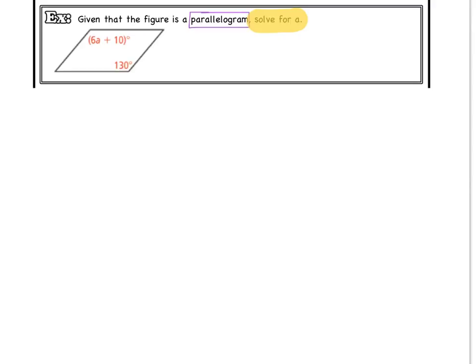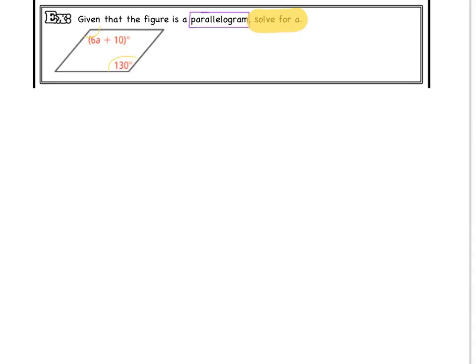Well, when I think about a parallelogram, I know that the consecutive angles are supplementary, and I also know that both pairs of opposite angles are congruent. So when I look at this information, I see that this angle is 6a plus 10 and this angle is 130, and those are opposite angles, so those are congruent.